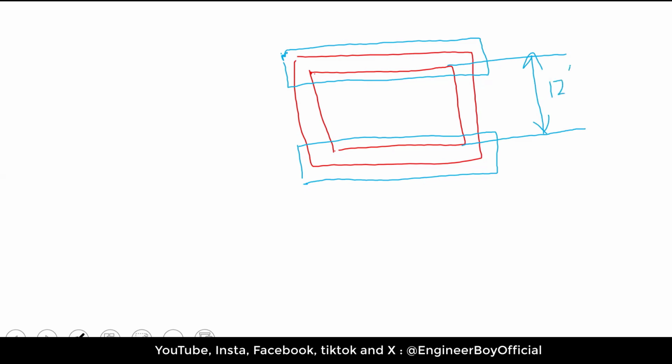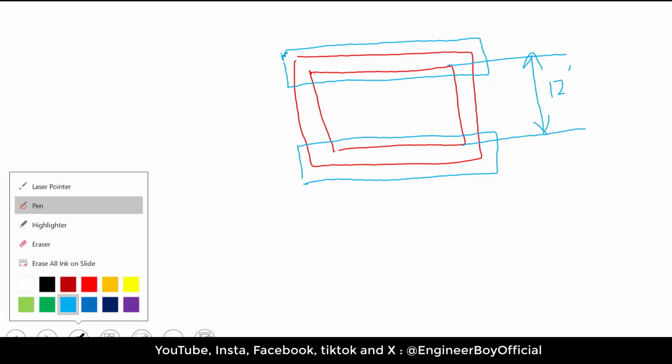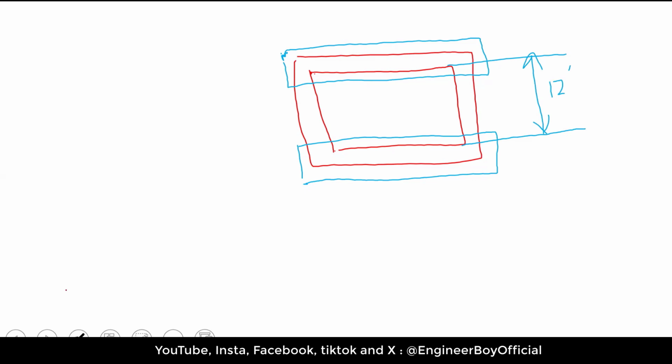However, we cannot take 12 feet as the foundation length because some parts, like this part, are already taken with the long wall. These parts are already taken with the long wall, so we have to subtract these parts. It means the length should now be 12 feet minus that thing.